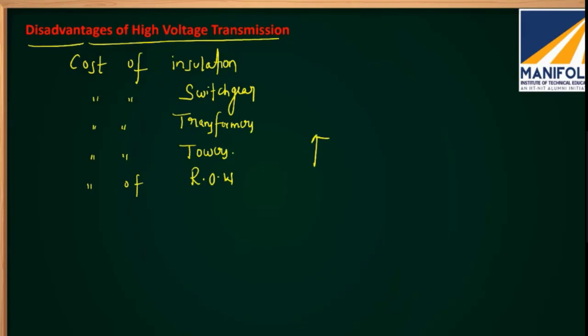Insulation is provided between the ground potential point and the conductor.